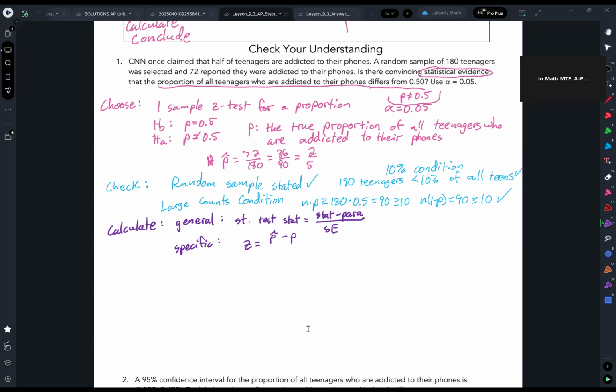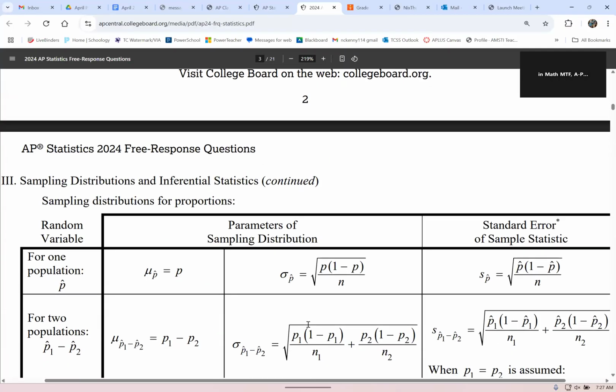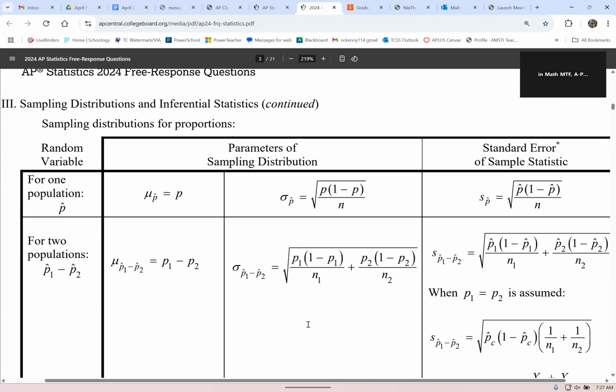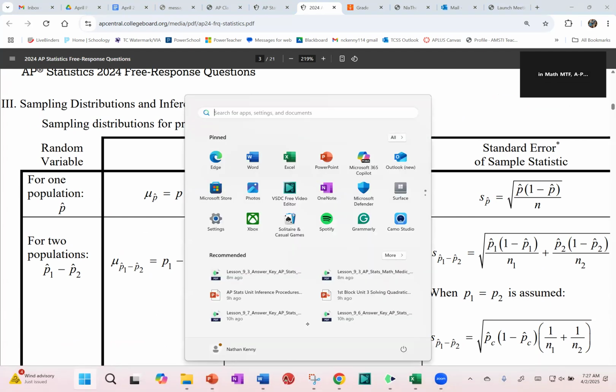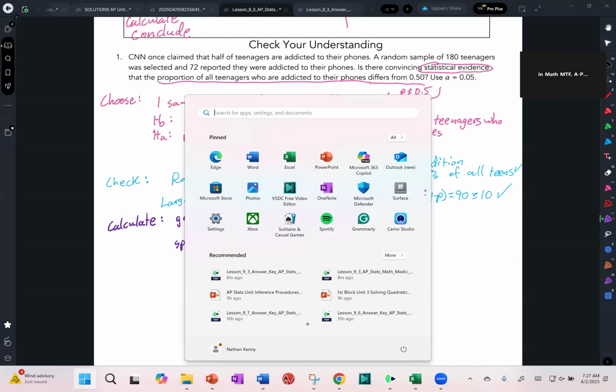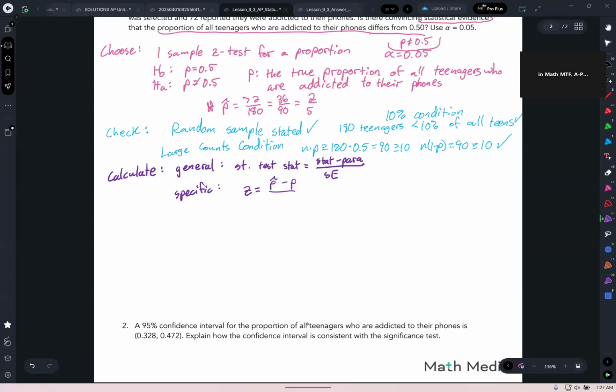But I went to this formula sheet online and notice I am dealing with proportions here at the top. For one population, p hat's my statistic. The mean of the p hat is p. So I'm just pulling my stuff off of there. And because I have p, I can use sigma sub p hat and not the actual standard error. So going back to here, I now have this formula, and now I substitute my values in.